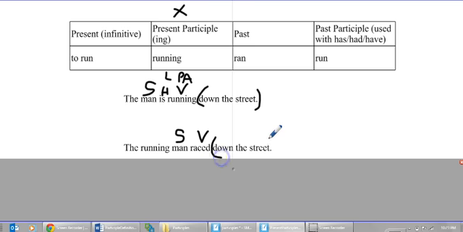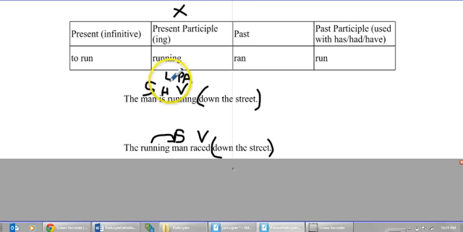And of course we still have our prep phrase, so we'll leave that there. Running now, however, is describing the man. So now we see it in a more comfortable sense as an adjective because we like to see that adjective in front of the noun. It makes us happy. Okay, so here it is again, running, present participle, and here it is in that adjective position. We like it there.